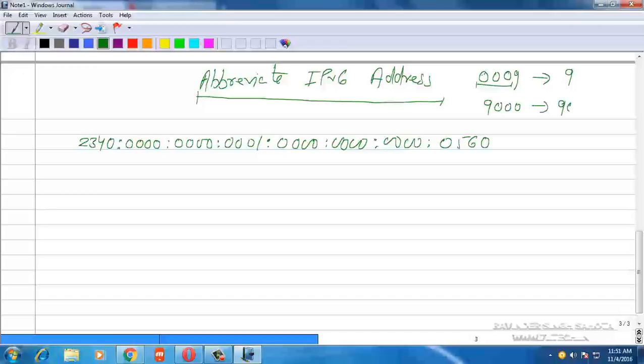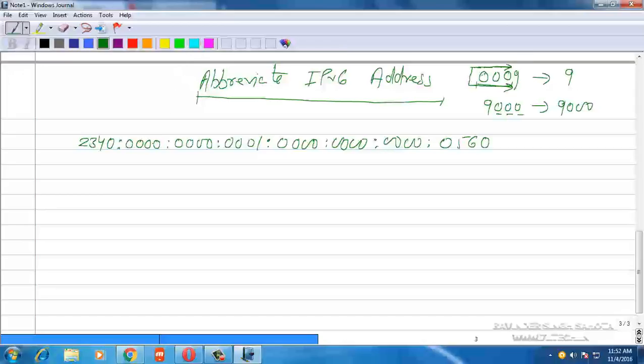This should be written as 9000, because the trailing zeros have values attached to them, right? So first thing is that you can remove the leading zeros. As in decimal, the same thing applies to hexadecimal also.